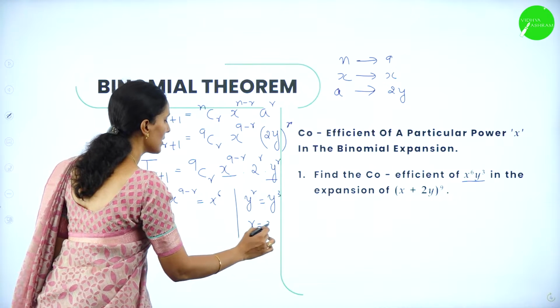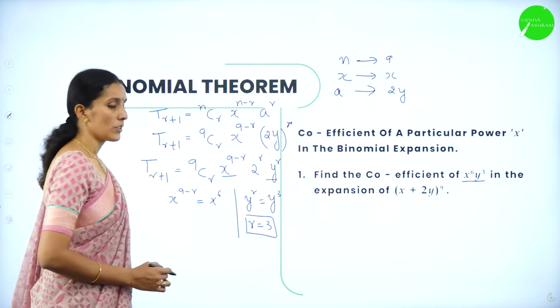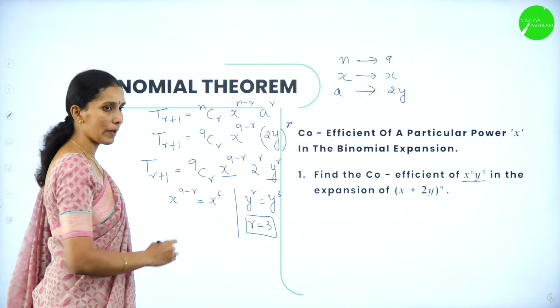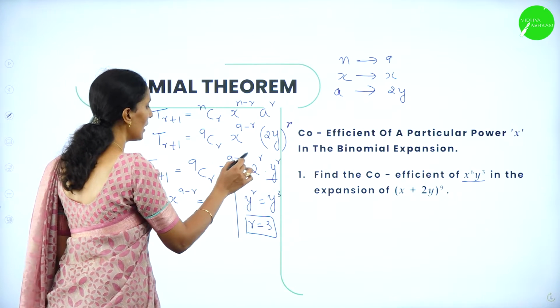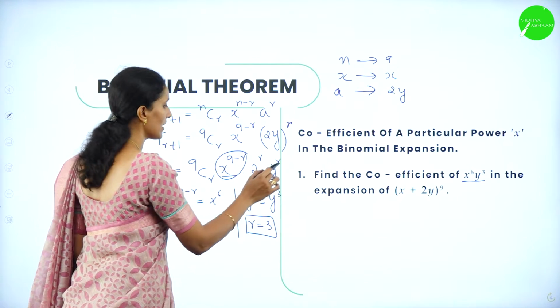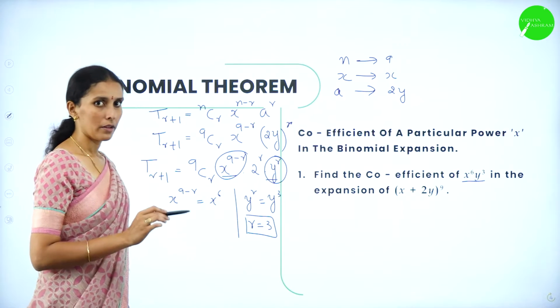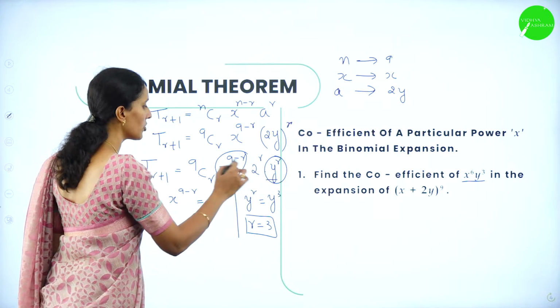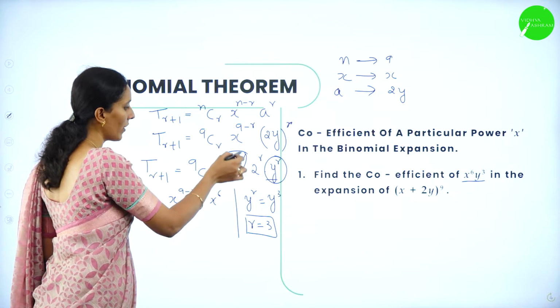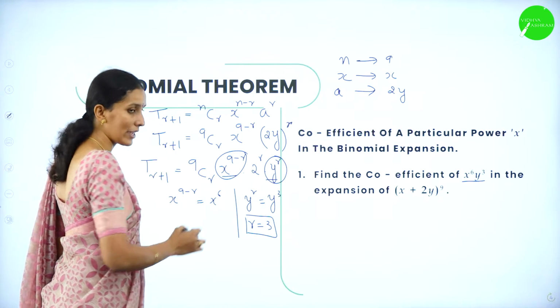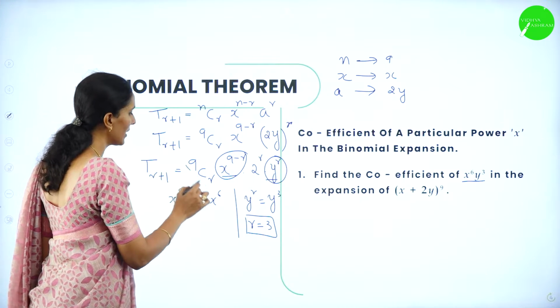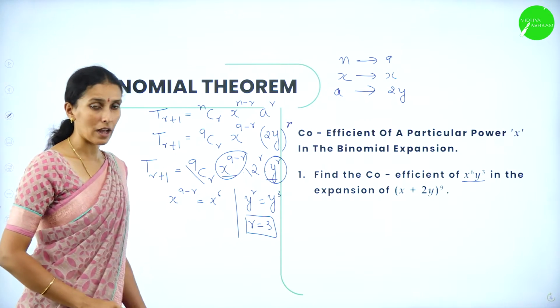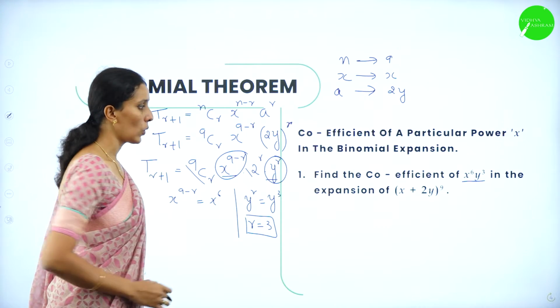I get r is equal to 3. So now it is easy to find the numerical coefficient. Leave x power 9 minus r and y power r, because I have to find the coefficient of these two. Since this is already x power 6 and this is y cube, I am only left with 9Cr and 2 power r. So these are the numerical coefficient.